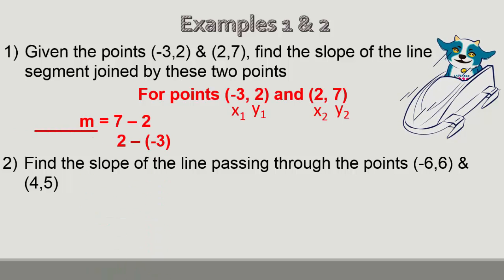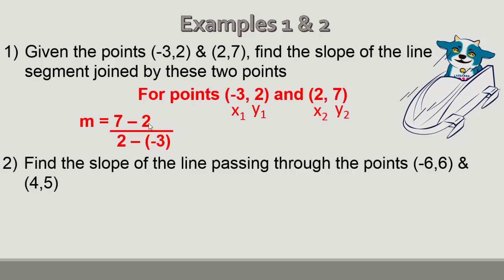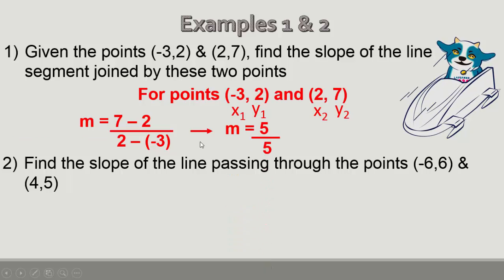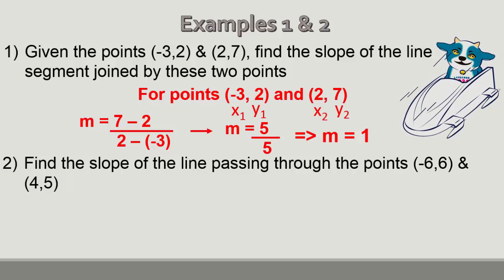And then we used the slope formula, and we found that 7 minus 2 is the y part, and 2 minus -3 is the x part. And then we found the slope is 5 over 5, and finally we reduced that to find that the slope was equal to 1.